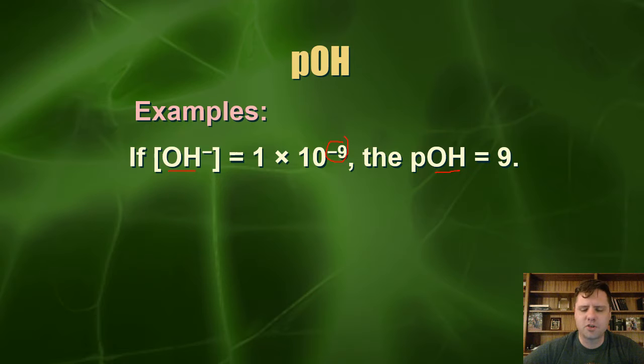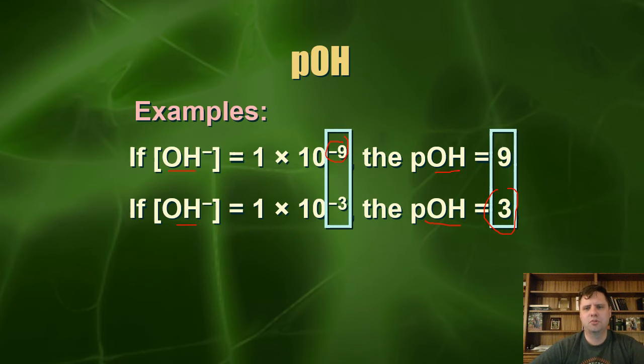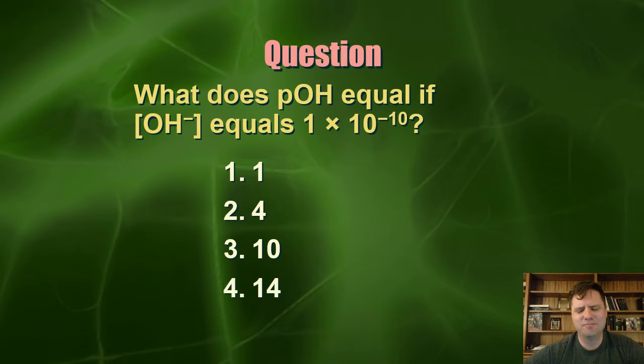That's what you're looking for to make sure you're giving me the right value. If OH- is 1 times 10 to the negative 3, and we're looking for pOH, we have OH, OH, they match, then we just take this number and take the negative of it, 3. So these problems are pretty easy problems. What does pOH equal if OH- equals 1 times 10 to the negative 10? Again, we just look at this number. Since this base is a 1, it's just very easy. We take the negative of it, and we get 10.